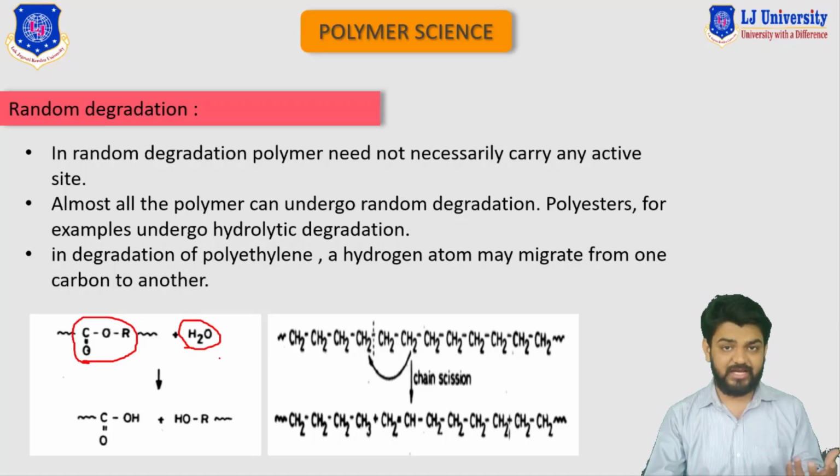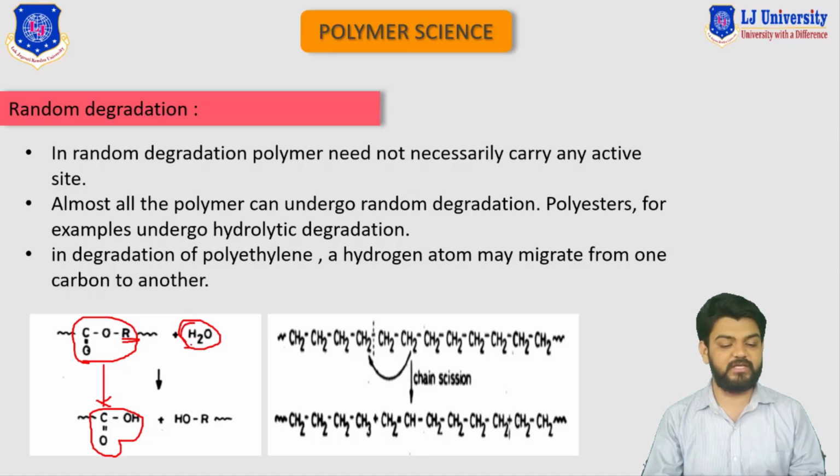So how does it actually degrade? You can see here that the active group is replaced with an acid, that is COOH, carboxylic acid. So the ester group is now replaced with the carboxylic acid. That means this specific R is attacked by the hydrogen from the H2O and it replaces it here.